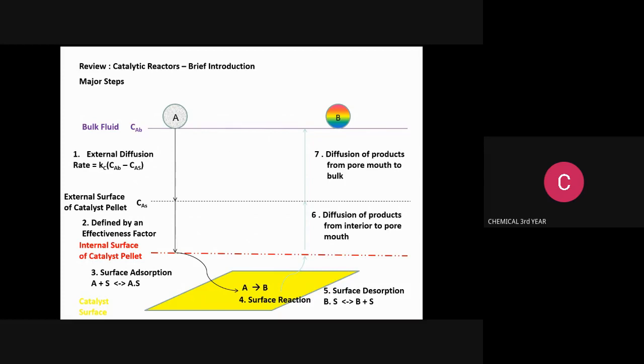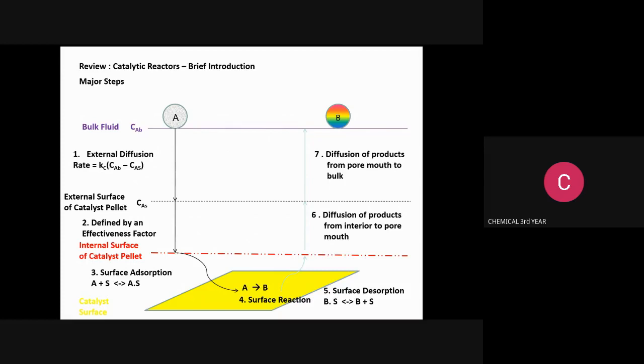Okay. The final converted product is made in the surface reaction. Okay, A gives B. Finally, B is the product. In the product, some intermediate products will attach. For that, we have to do a desorption process.